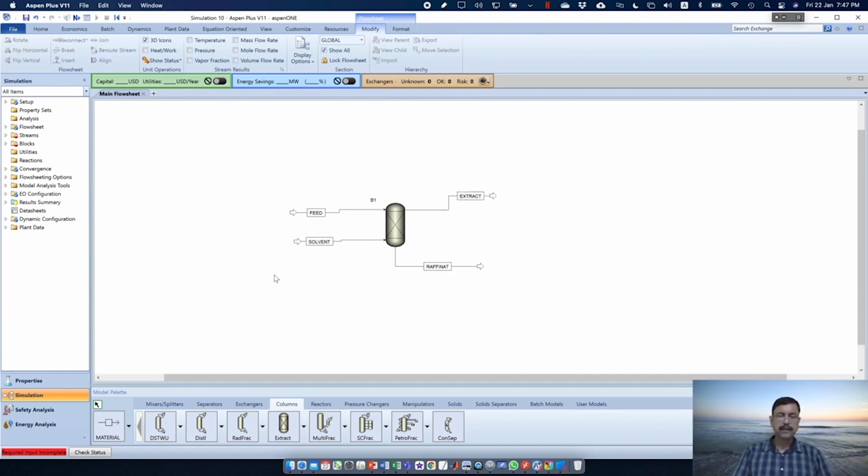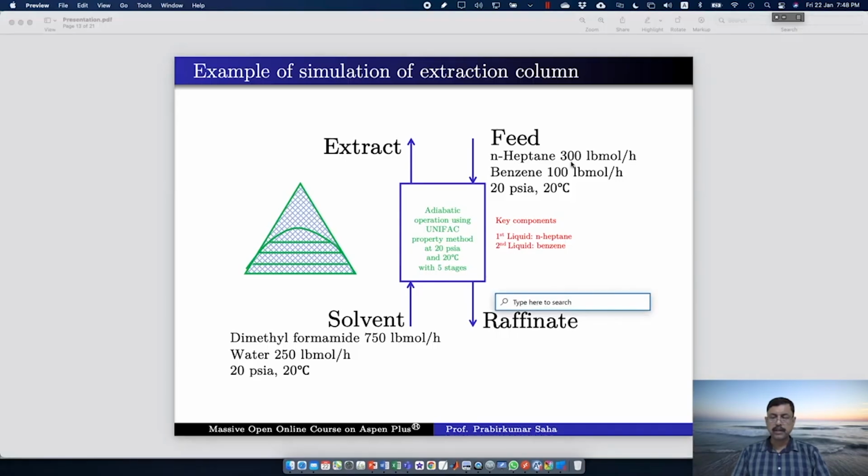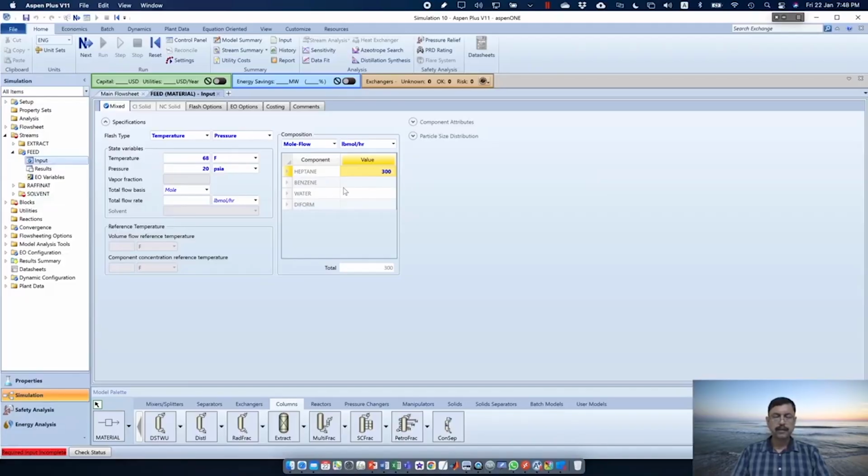Press next. Feed material, temperature 20 degrees centigrade, pressure 20 psi. All the units are in English units, so let us use ENG. So pound moles per hour. Feed heptane 300 and benzene 100.